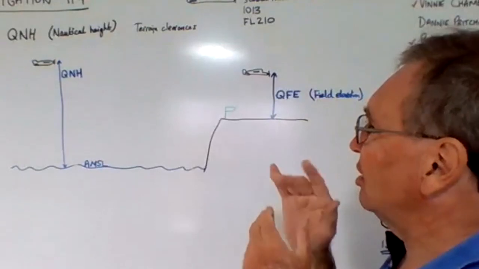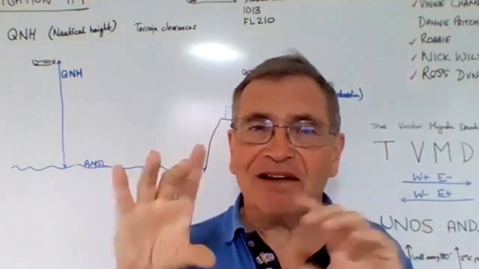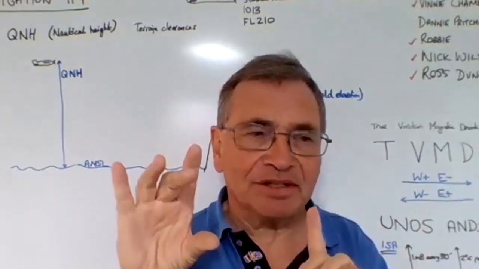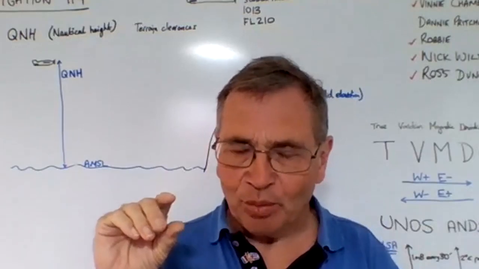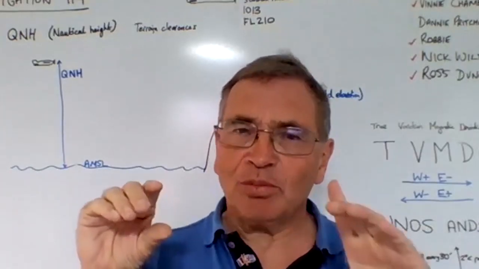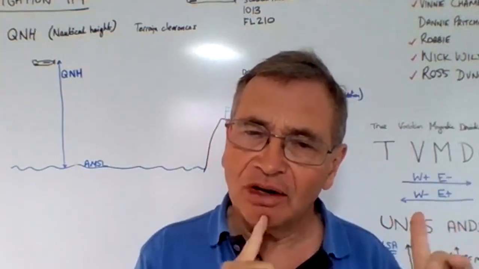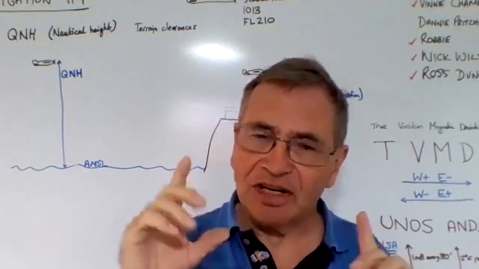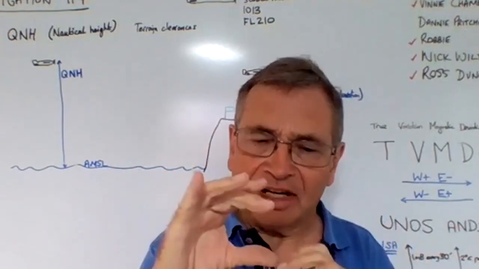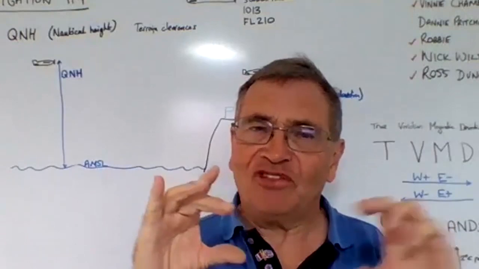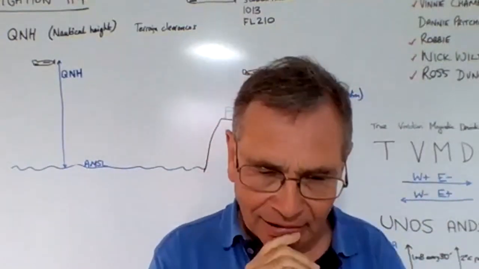But there's a sort of grey area, isn't there, in the middle? Because there must be a point where, as you change from planes at say 8,500 feet on the QNH and planes at flight level 85, how far apart are they going to be in the air?